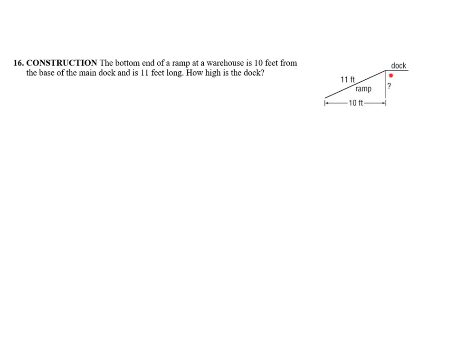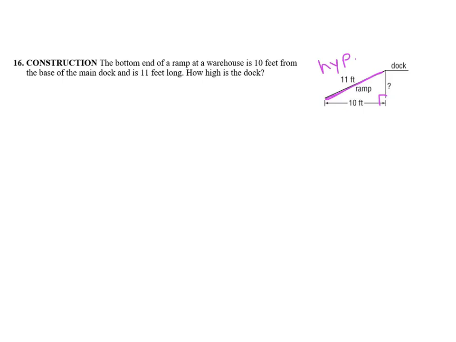I want to know how high up it goes. So here, even though it's not telling us specifically, this is indeed a right angle, which means over here, the 11 is representing our hypotenuse.